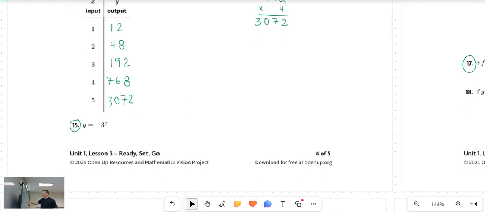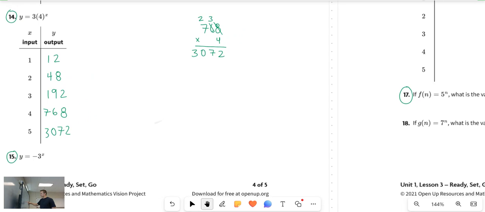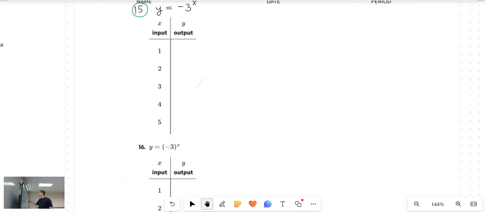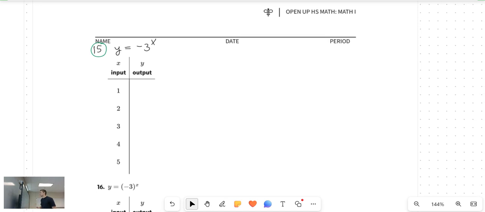Now, number 15, the equation's right here, but it looks like the table is on the next page. So I've actually copied the equation to the top here already. So we're doing y equals -3 to the x. Now, I said that a little bit weirdly. It should actually be -(3 to the x).